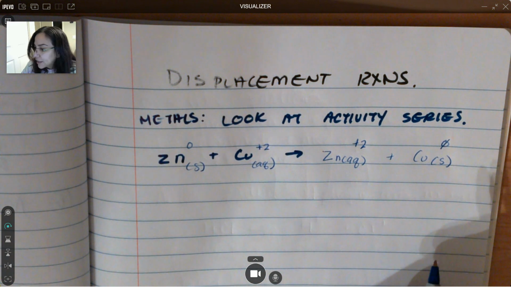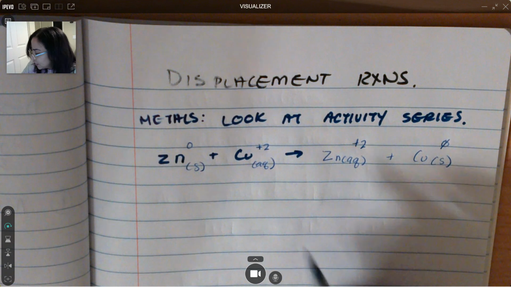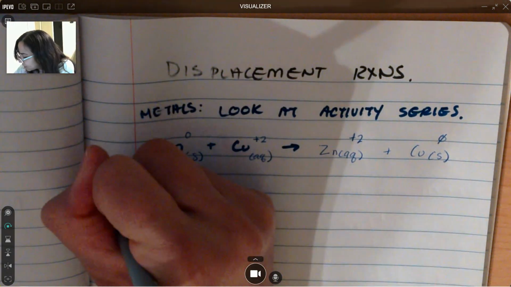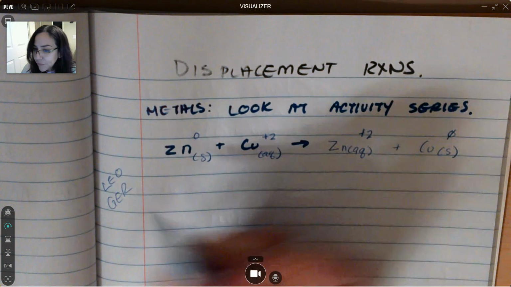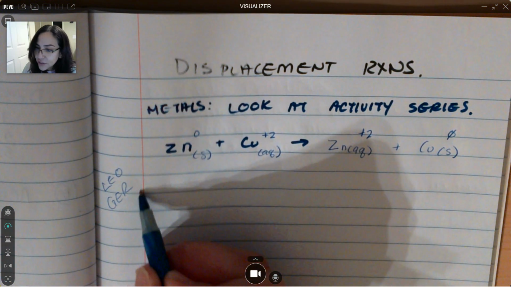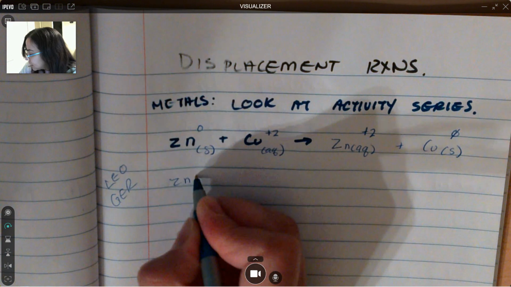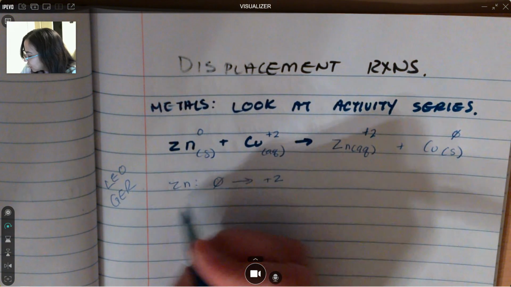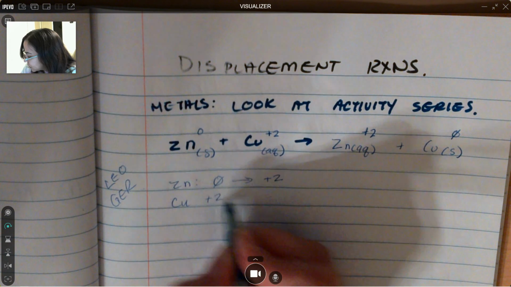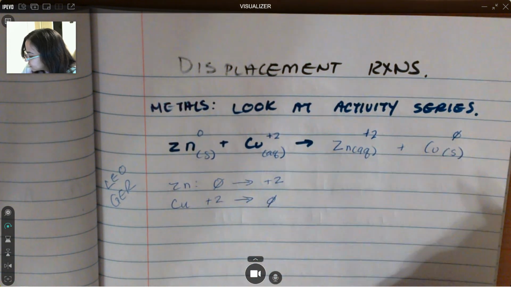Let's go ahead and create our LEO-GER thing. So remember, when in doubt, write it out. LEO-GER. All right. Lose electrons oxidized, gain electrons reduced. So zinc goes from a 0 to a +2. And copper goes from a +2 to a 0.